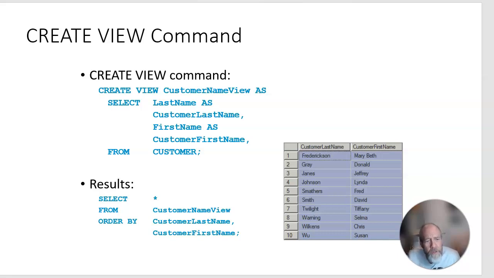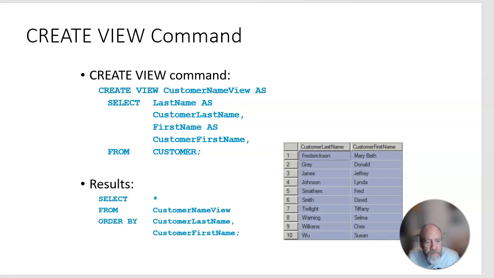But notice that when you created the view, we created the view as an actual select statement. So the view, in this case, is simply the result of what you would have gotten from a SQL select. That's what it does. And the select is just pulling two columns from the customer table, last name and first name.